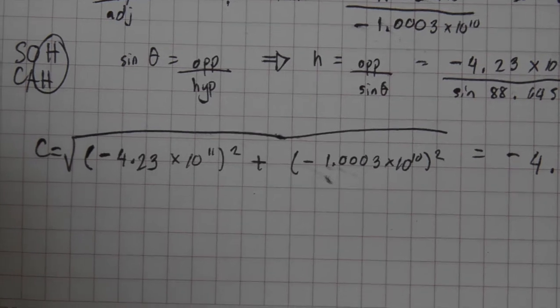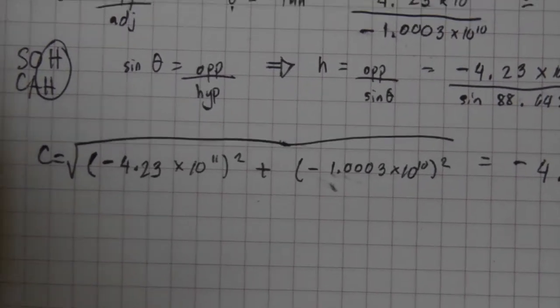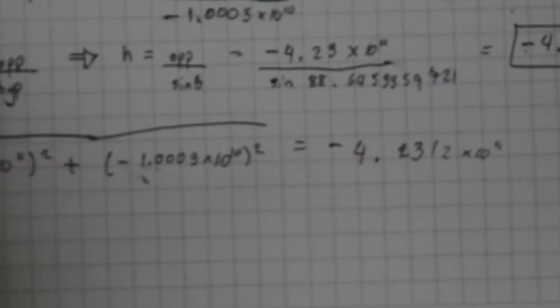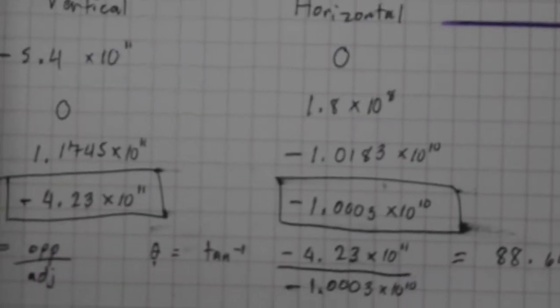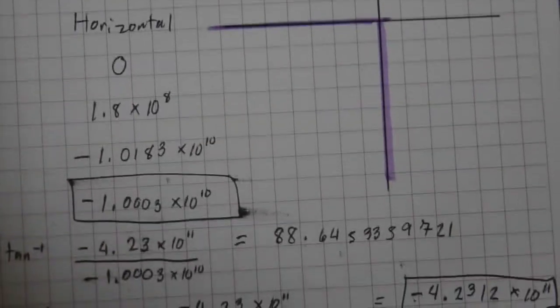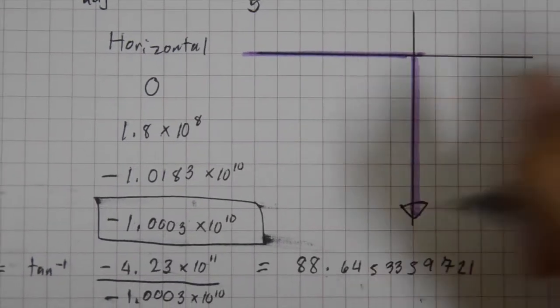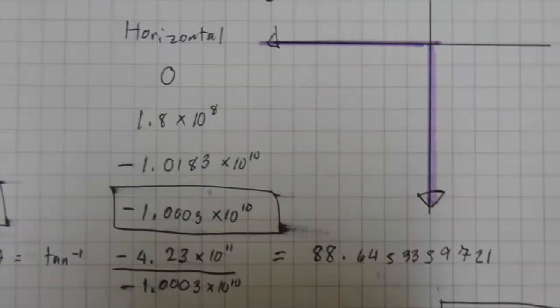Just as an additional note, when you use the Pythagorean theorem, you will actually be getting a positive value. But we need to remember that when we look at the horizontal and vertical components, both are negative. So when we draw this, the vertical component will be going down and the horizontal component will be going left.